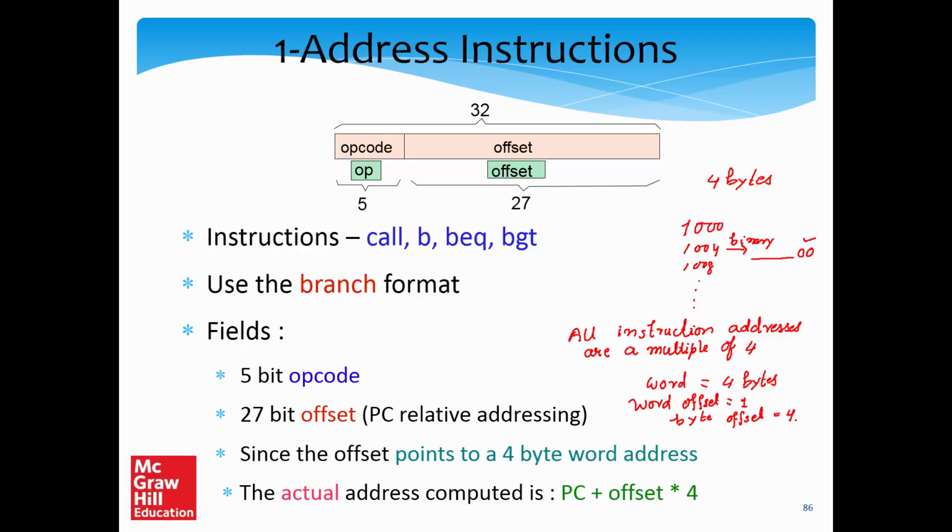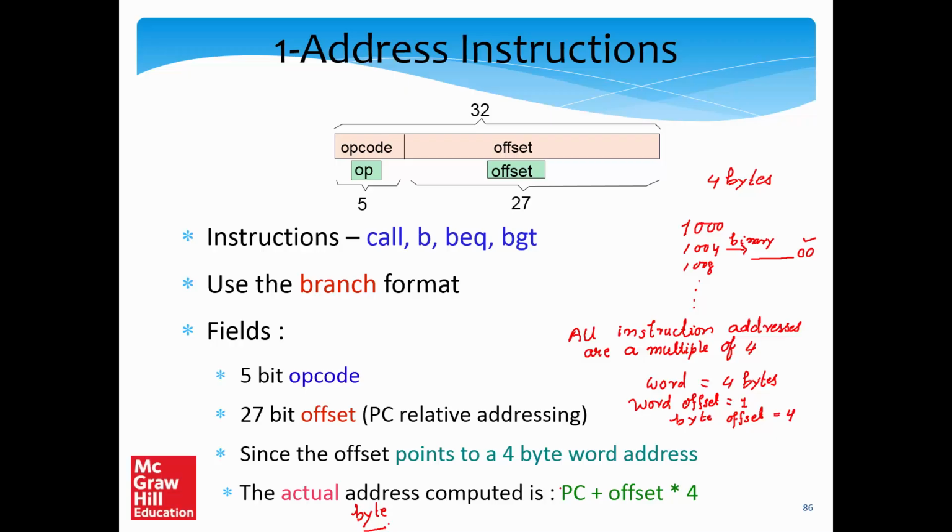And the reason that we are doing this is because the actual address is a byte address, right? So this precisely points to a byte. But since we are assuming that all the addresses are a multiple of 4, we need not waste 2 bits for storing the offset because bits are very valuable.